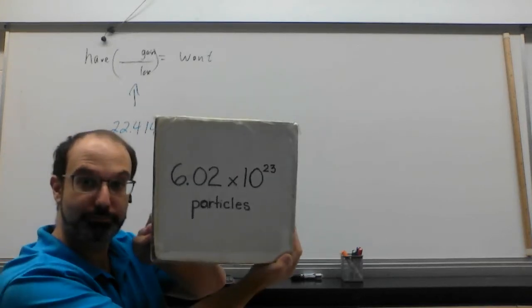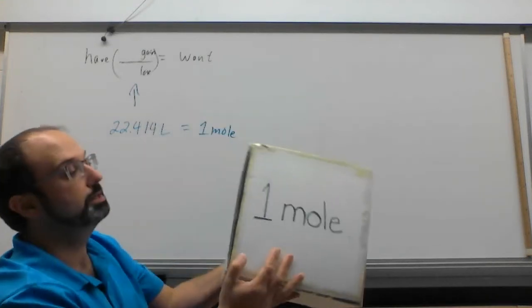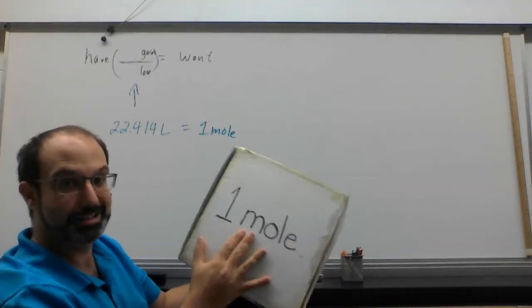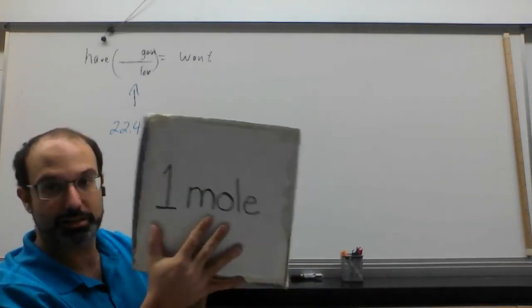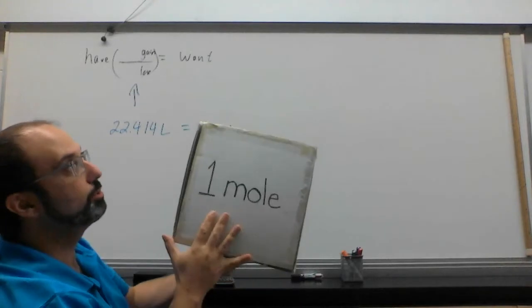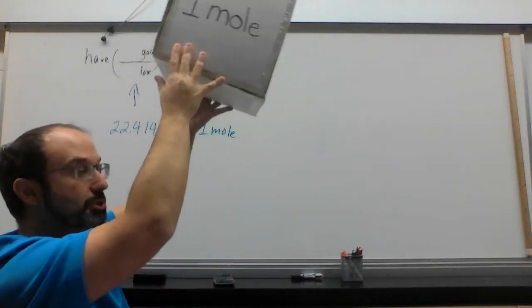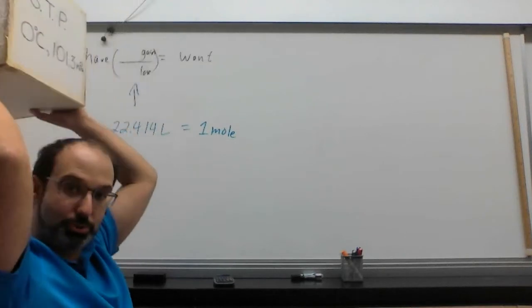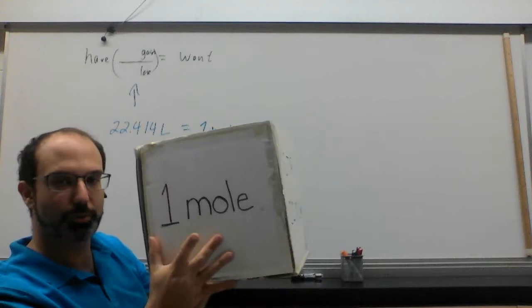You'll notice that it's maybe 3 times the size of my head, give or take. So it's a pretty big amount of stuff, and that means that, for example, I could take this box and line it up along the room, starting in one corner, and stack it outward all the way across the room and all the way down, and map out how many of these boxes are in one classroom.